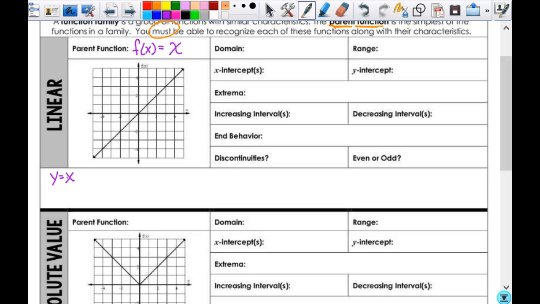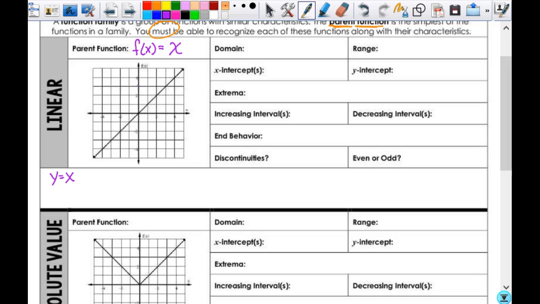But it's a function, so f of x equals x or y equals x. So when you substitute numbers in, when x is 1, y is 1. When x is 2, y is 2, and so forth, right? And then if I have y equals x plus 3, that means your y-intercept is 3. We agree with that? So we'd start here at 3 and we count our slope. But really, this line, as it is, just gets shifted up 3 units. That's all that's happening. Okay?